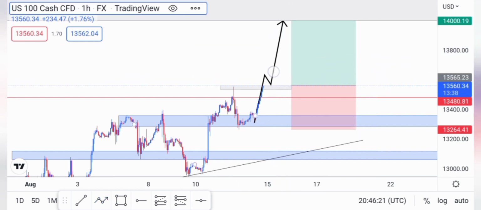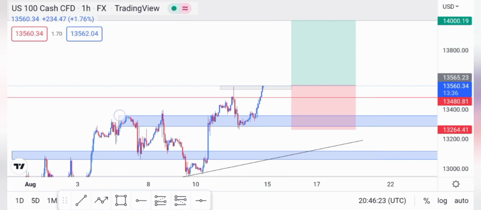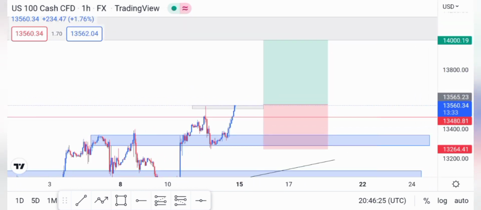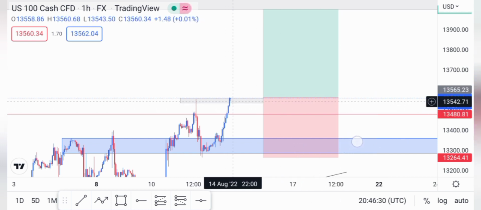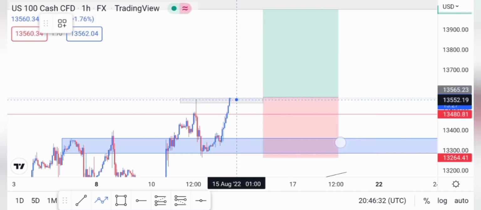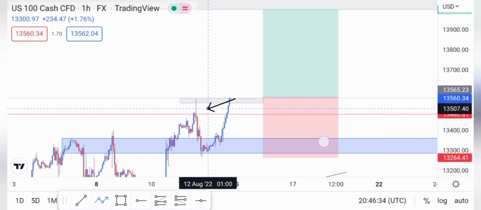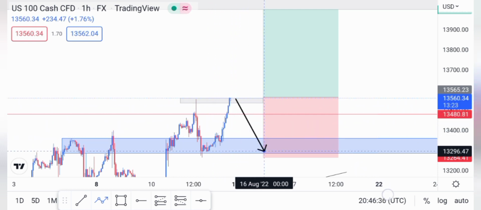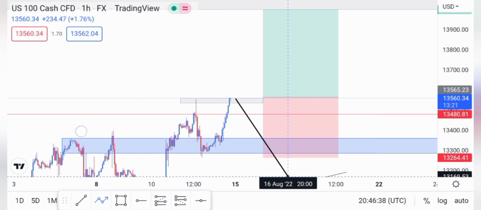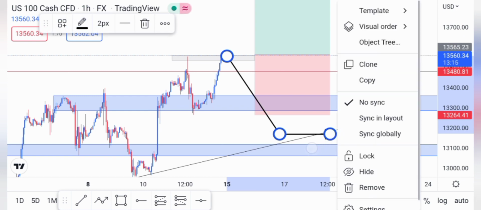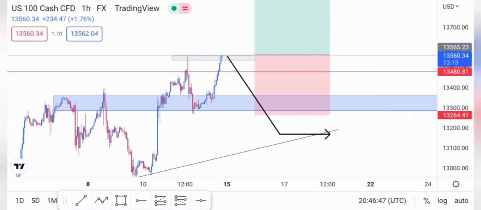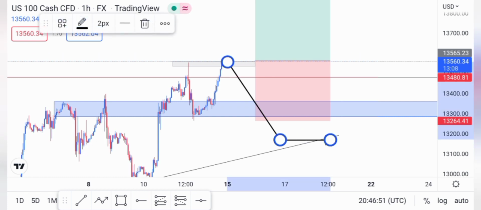So let us wait for the market to open, so we could see what's really going on. Because if there is rejection right over here, or we see a push to the downward side, this means this was a double top formation, and NAS100 will be selling to this level right over here. So just beware, because this is the kind of movement you should anticipate on NAS100.